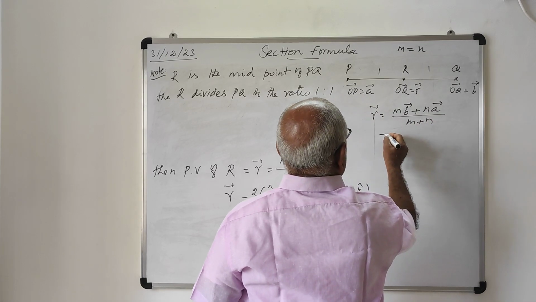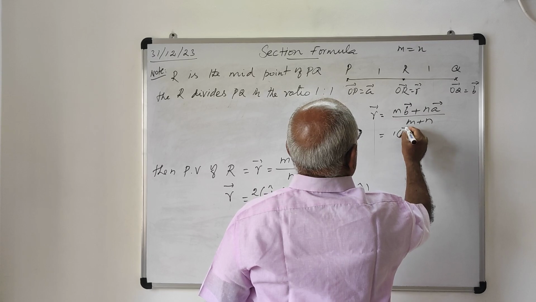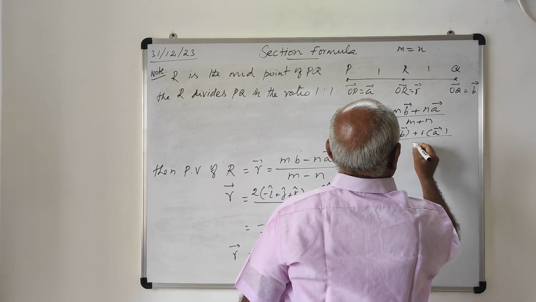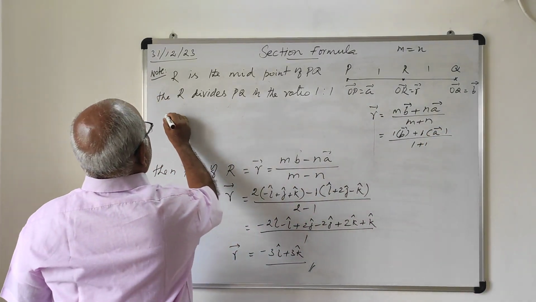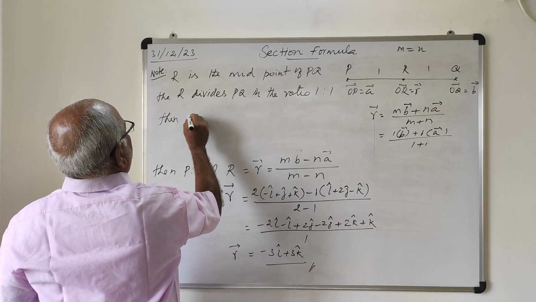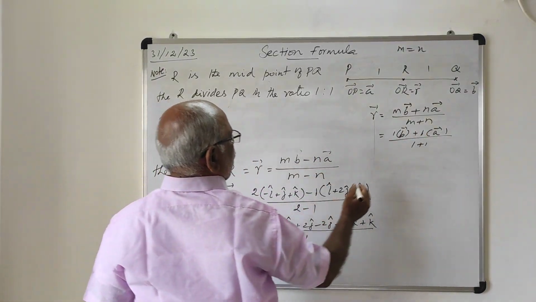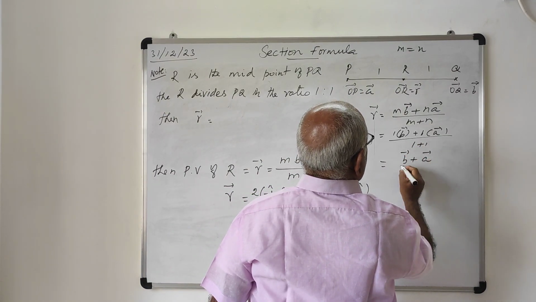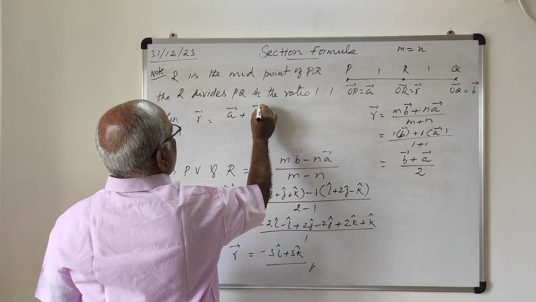With M and N equal to 1, that is (1 into B plus 1 into A) by (1 plus 1), that is B plus A by 2, or simply A plus B by 2.